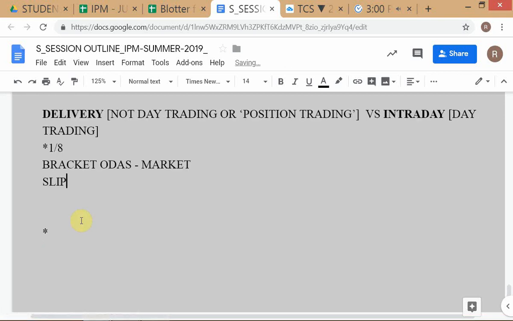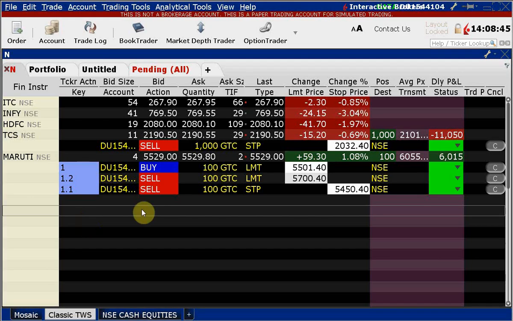So slippage is basically the difference between the stop order trigger level, you understand? This is the stop order trigger level.